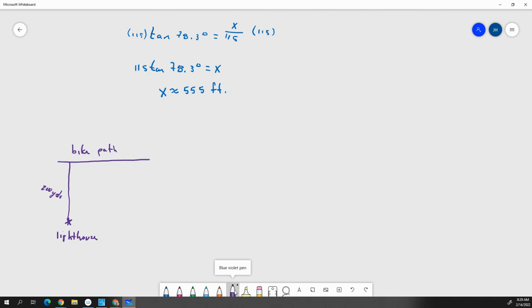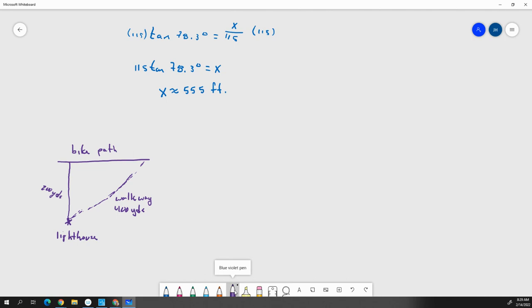There's a walkway to the lighthouse that is 400 yards long. So let's make this walkway. This is just a walkway to the lighthouse, walkway. And we're saying that that is 400 yards long. They want to find the angle.